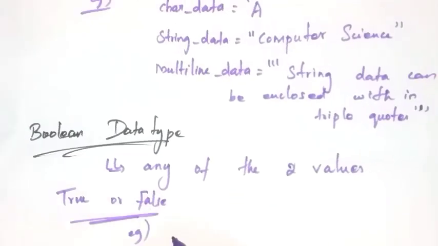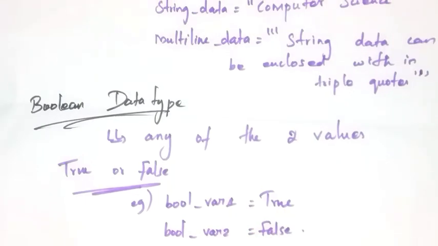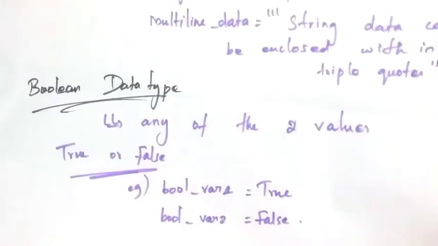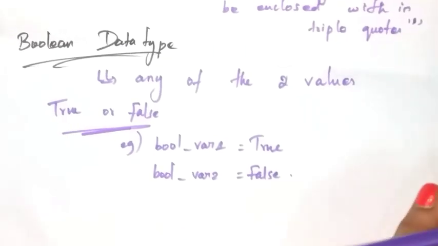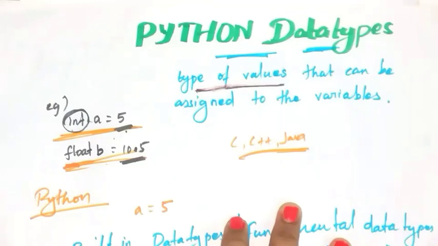See one example. Here when you print Boolean variable 1, it returns the result true, whereas when you print Boolean variable 2, it returns the result false. It returns either of the two values, true or false. So this is about Python data types.